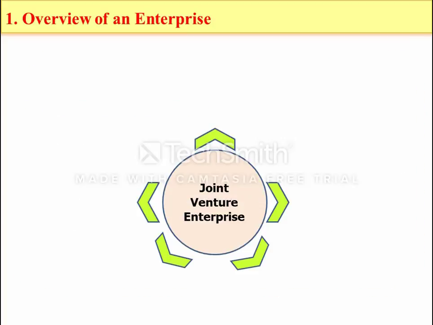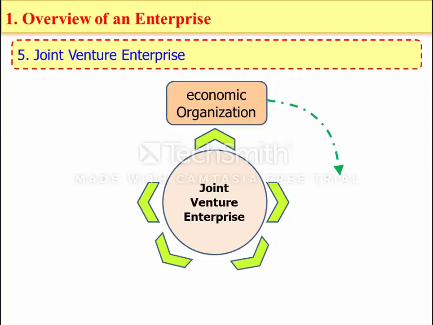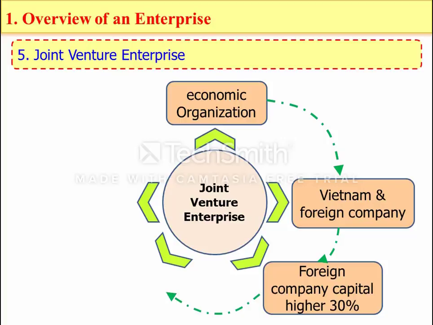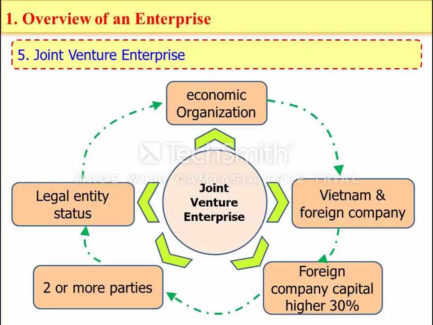The fifth, joint venture enterprise. A joint venture enterprise is an economic organization that is a Vietnamese and foreign company, and the foreign company's capital is higher than 30%. It is assembled by at least 2 parties and has legal entity status.